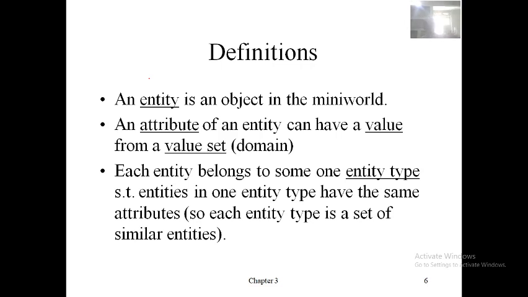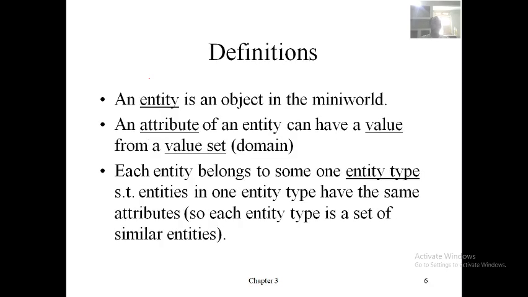If these things are not there, then there is no department. Department will exist because of these characteristics or attributes. So an attribute of an entity can have a value from the value set.